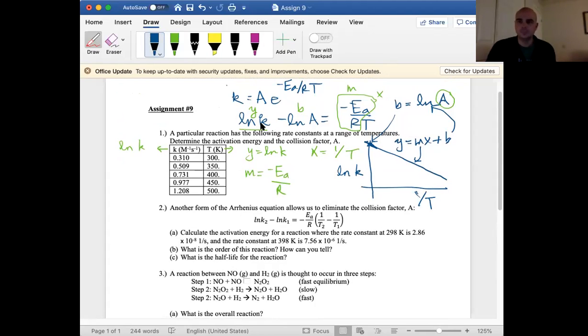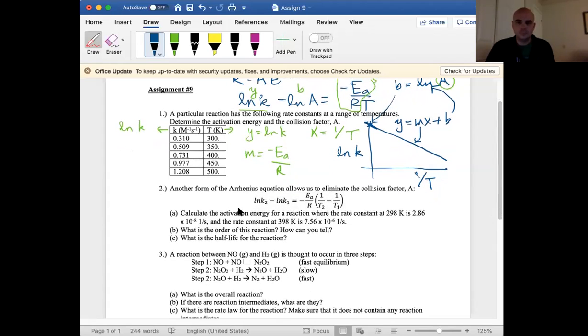For each T, we have a K value. And so this graph represents it at multiple different temperatures, and in fact, any temperature. But if we have just 2 temperatures, then we can subtract one version of this equation from another version of this equation and get rid of the 2 natural log A parts. And then you just get this equation right down here that I've put in problem 2.